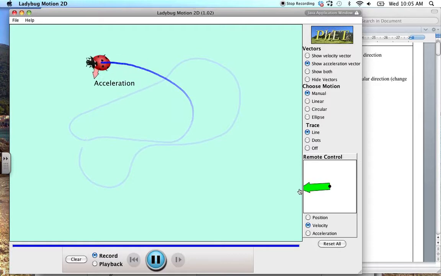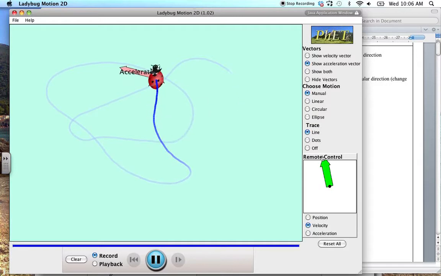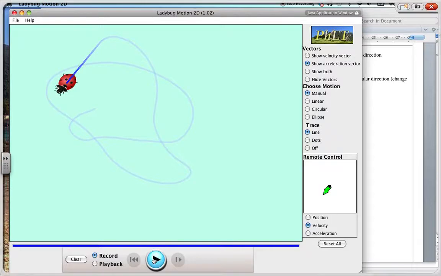And you can see there that we have an acceleration vector. Now, this acceleration, we use a symbol A, is equal to the change in velocity over the change in time.